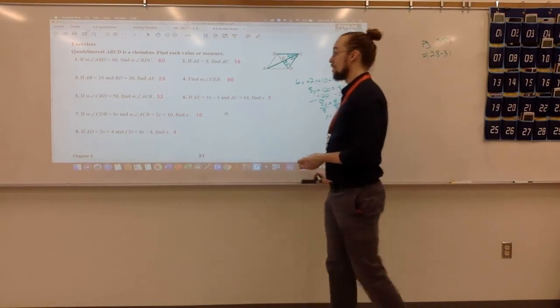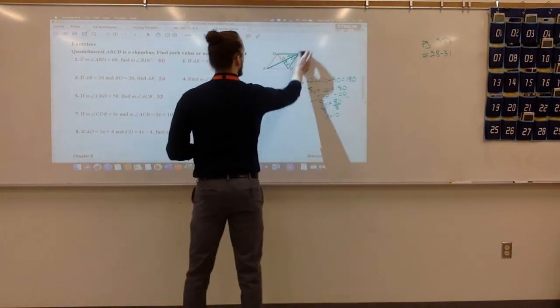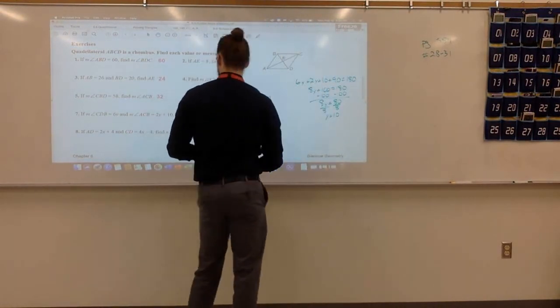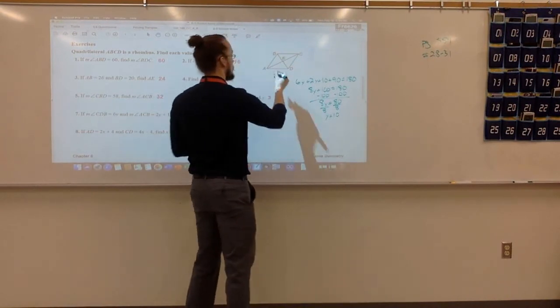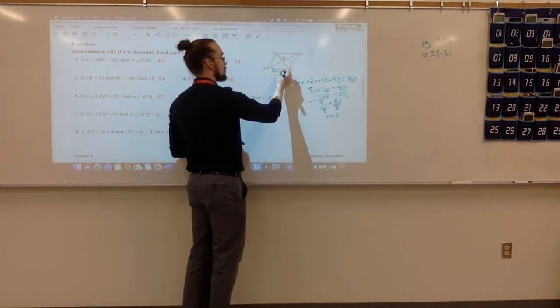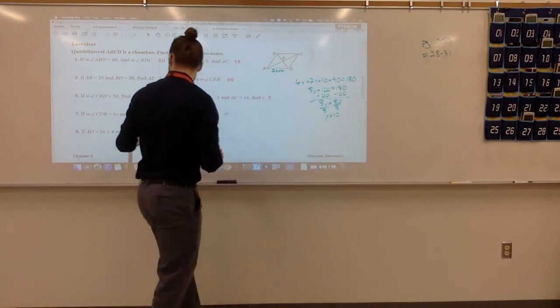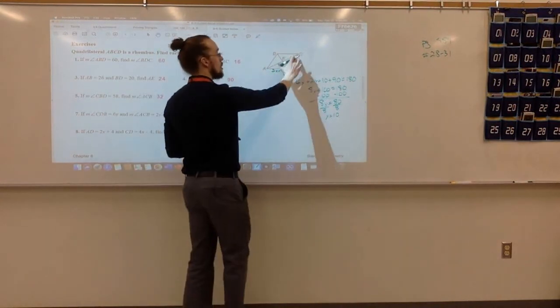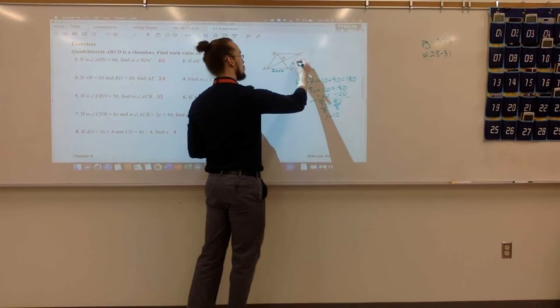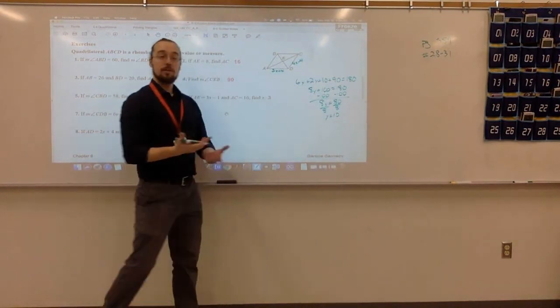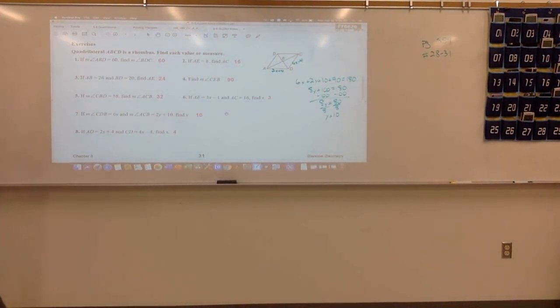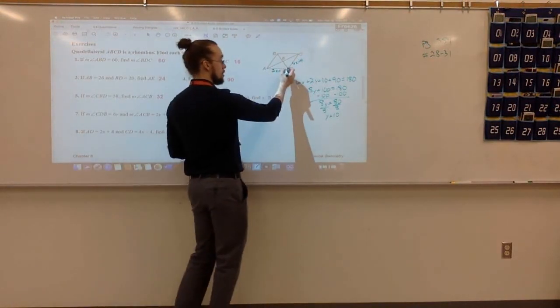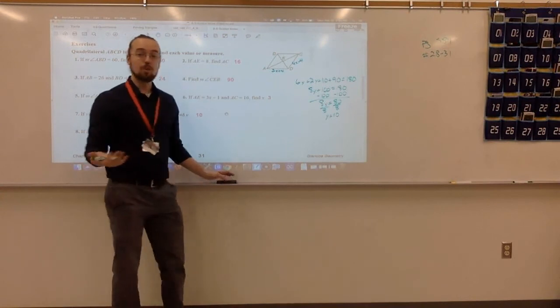Then for number 8, let's see. I know that AD is 2x plus 4, and then I know CD is 4x minus 4. In a rhombus, we said all four sides are the same. So AD and CD will be equal to each other.